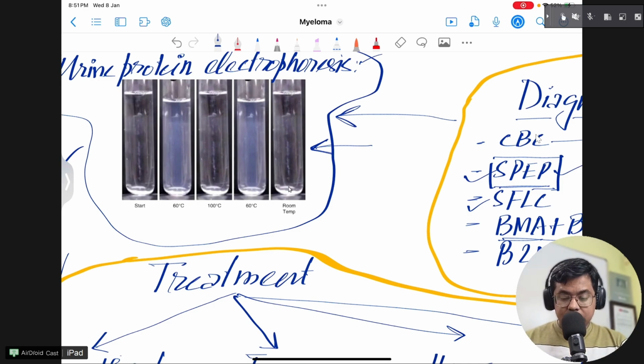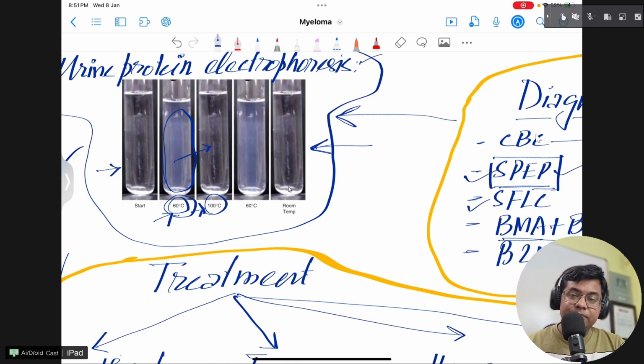So what you do? You take a urine sample in a test tube, and you just heat it. When it reaches 60 to 70 degrees centigrade, there will be presence of haziness, there will be presence of some protein deposits, and on further heating to 100 degrees centigrade, this haziness will disappear.